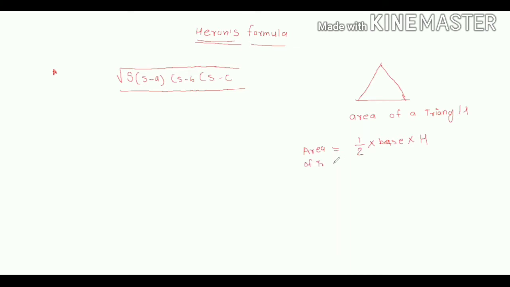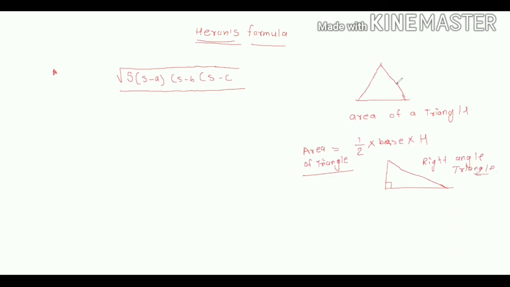But this formula cannot be used for any triangle. This type of formula can be used to find the area of only right angle triangles. Suppose this is a right angle triangle; only for a right angle triangle can you use this formula.